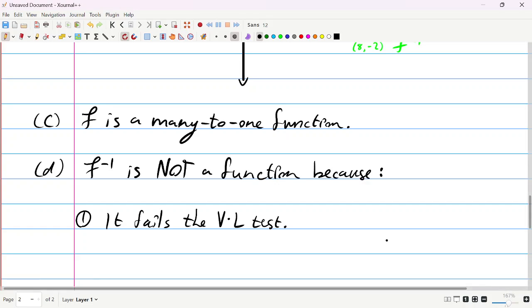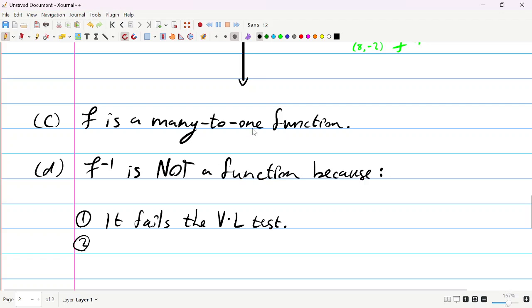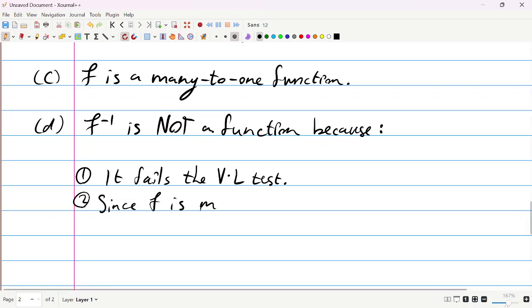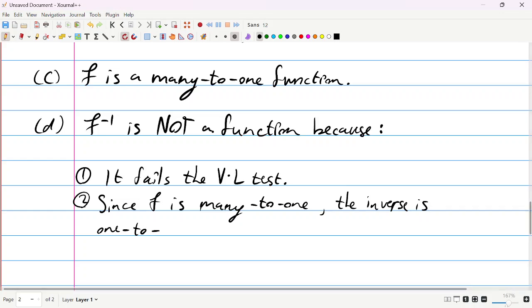The second way you can say is because f is a many-to-one function, since f is many-to-one, the inverse is one-to-many.